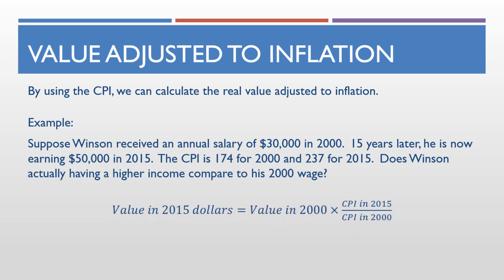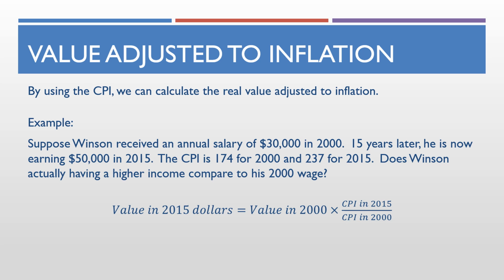So we're going to bring the 2015 values back into the time. Right? In order to do that, the way we do it is simple. We're bringing the wages forward to the 2015 level. We use the 2000 wage, the $30,000, times the CPI in 2015, and then divide by the CPI in 2000.